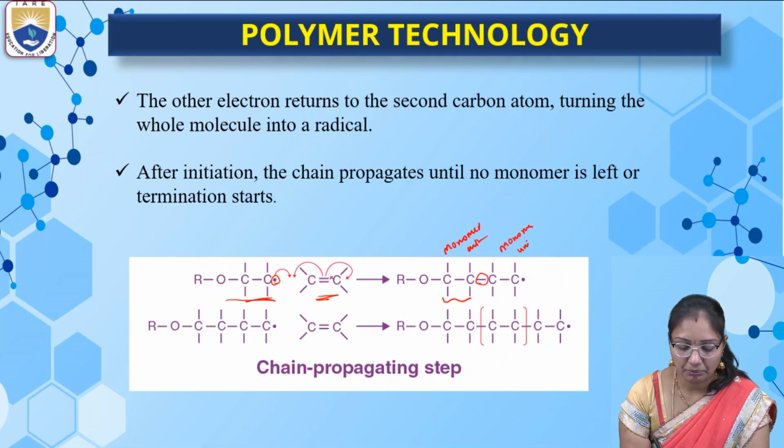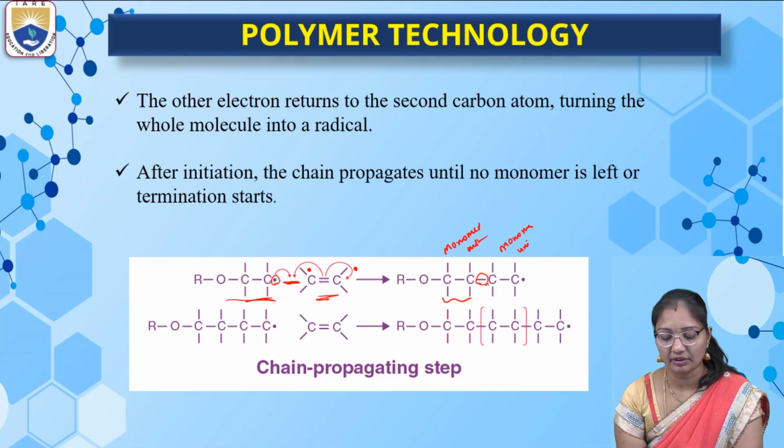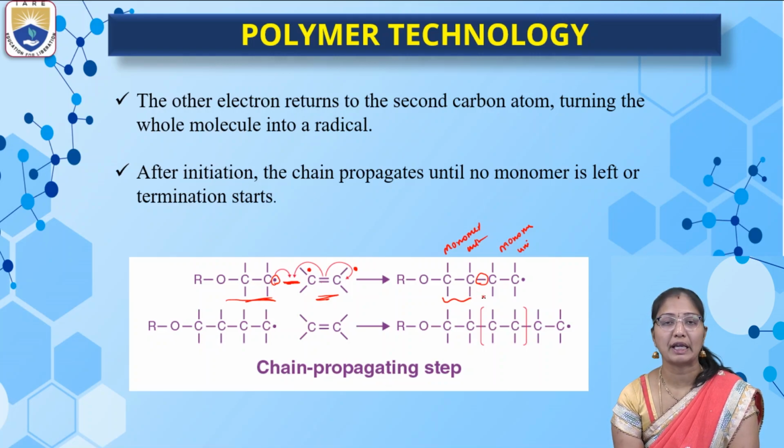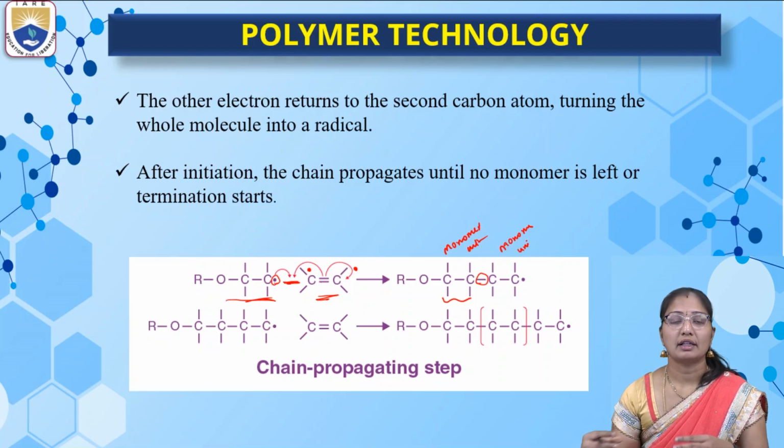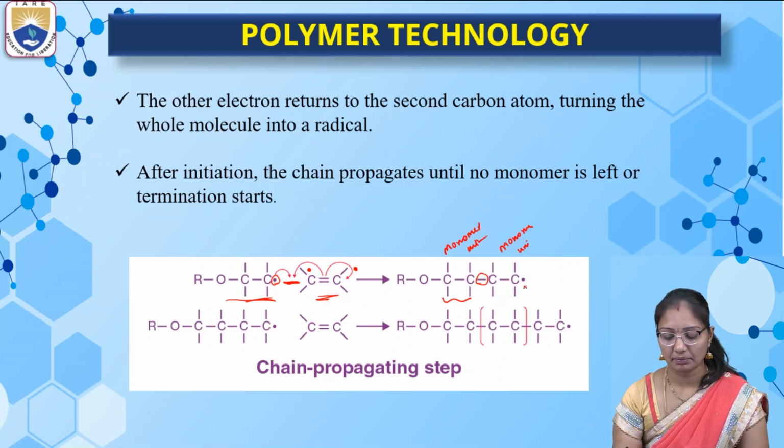Here the bond breakage gave two free radicals. This free radical and this free radical cause a bond between these two carbon atoms. That bond is a pi bond. So this is a strong bond formed between the two monomer units. The monomer units got attached and this causes propagation, like chain growth in these monomers.